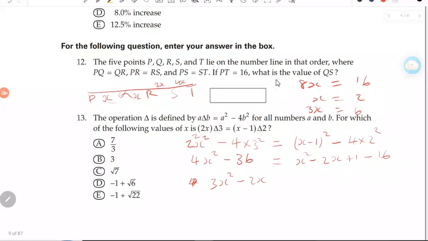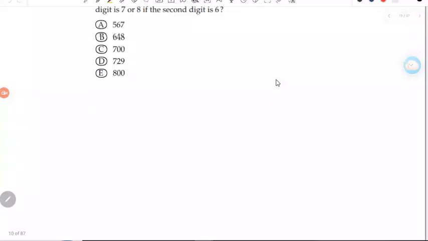Wow. Let's go now. 36 minus 16. It would have been good to leave this question. We have only 2 minutes. Let's see. We can actually come back to it.